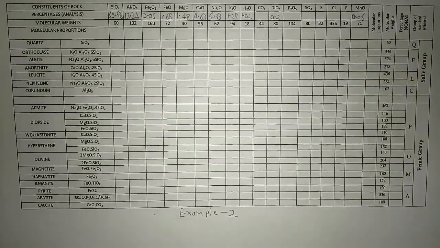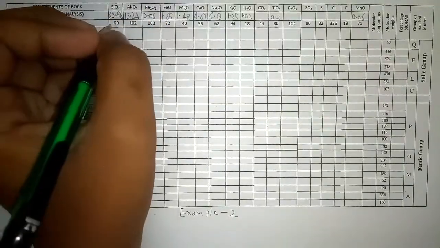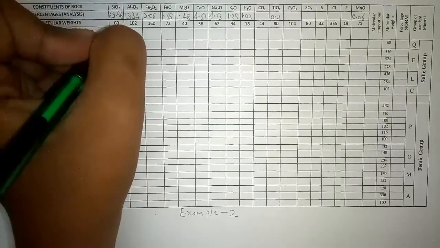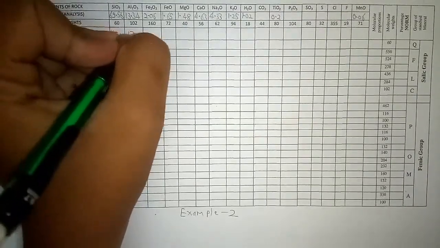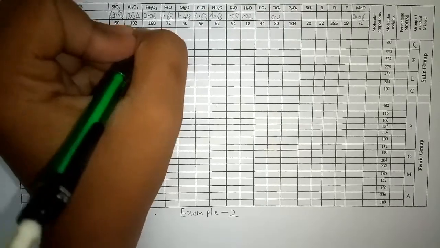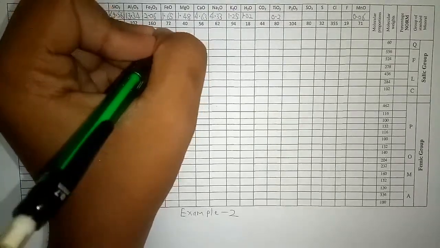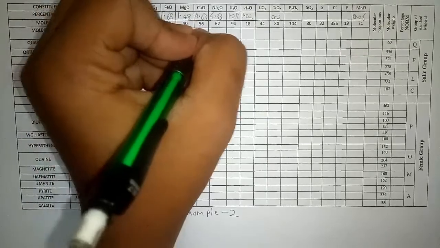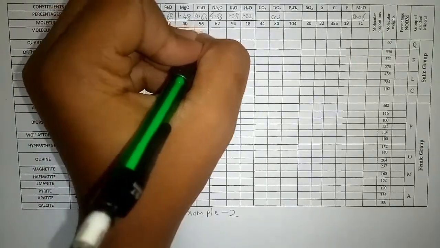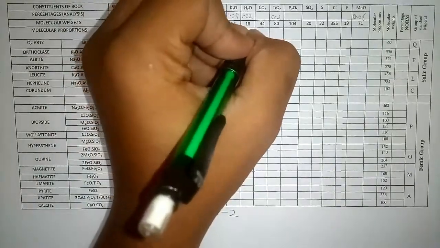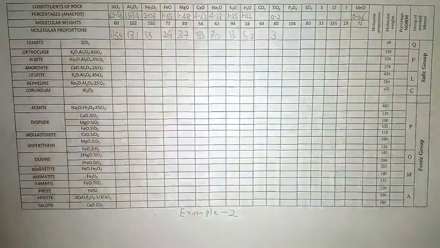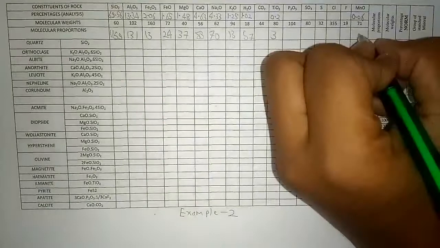So the values are, I will write them down here: 1159, 131, 13, 24, 37, 83, 70, 13, 57, 3, and here it comes 1.